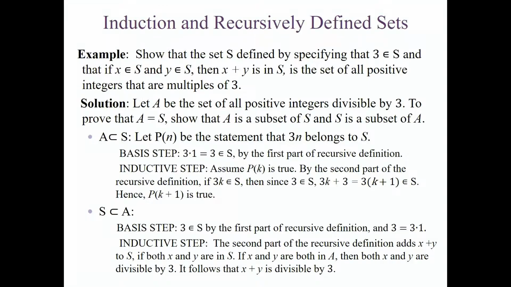So we assume x and y are in A, this is our inductive hypothesis. Then both x and y are divisible by 3. Then we can show that x plus y is also divisible by 3, because if x and y are divisible by 3, then x plus y also has the common factor 3. Therefore, x plus y is also divisible by 3.